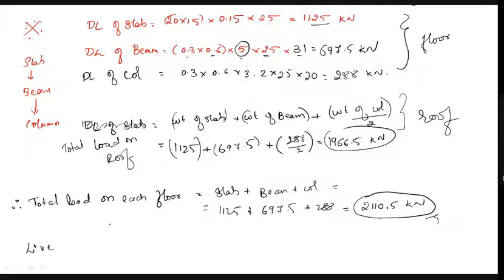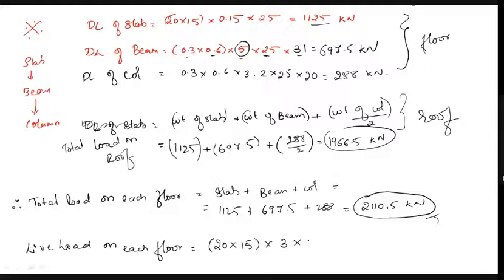Now we are going for the live load. Live load on each floor equals area, how much is it? 15 into 20, correct? Intensity, how much has he given? He has given 3 kilonewton per meter square. But how much will we take according to IS?